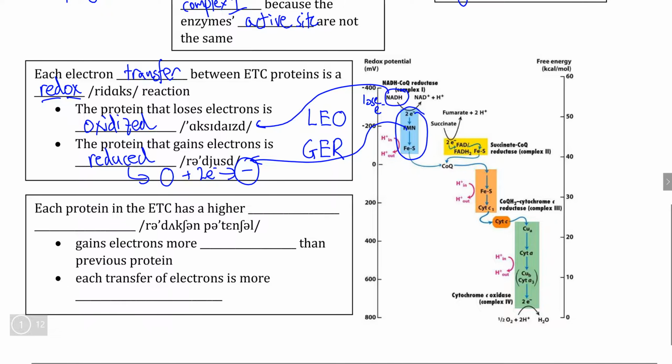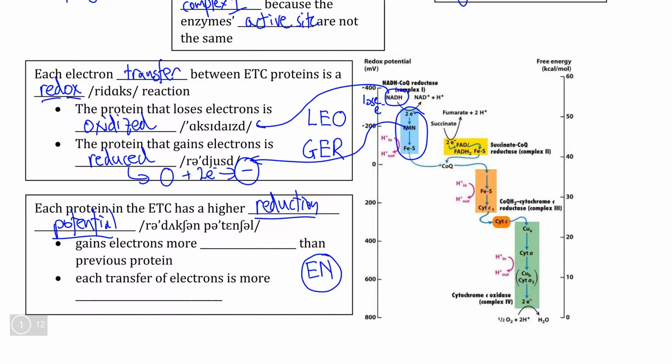So the point of discussing this is when we say that the electron transport chain is driven by electronegativity, that's only partly true. A better way of explaining this is that each protein that occurs within the electron transport chain has what we call a higher reduction potential. And now that we know what the word reduction means, having a higher reduction potential means that each protein within the electron transport chain gains electrons more easily than the one that came before, and this is right in line with the electronegativity model.